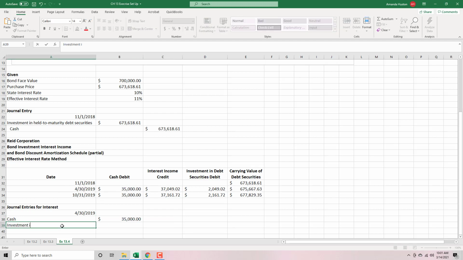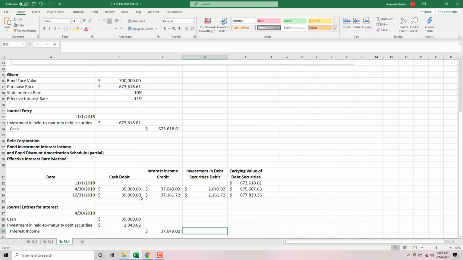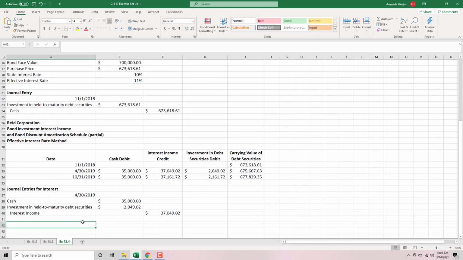There we are. So now on 10/31/19, we would have cash, investment in held to maturity debt security for that, and the interest income is that. And that is how you make a partial amortization schedule.